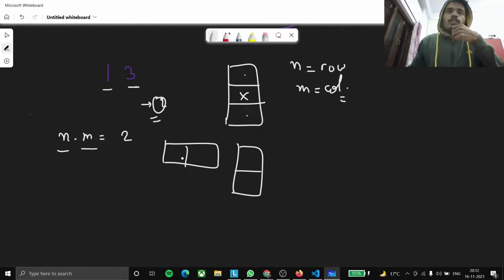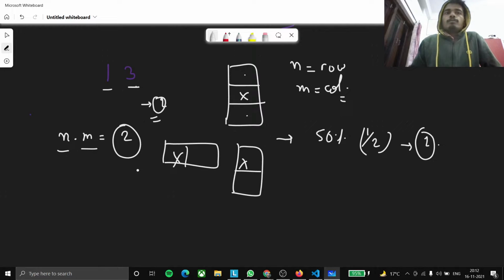In both cases at least one cell will be painted blue. So we can say a 50% chance, or 1 by 2 chance, that the cell will be painted blue. Or we can also say that out of 2 cells, 1 by 2 means one cell will be blue.